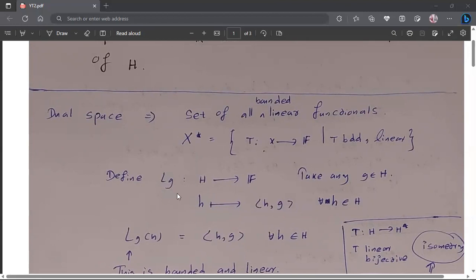So basically, all these functions L_g depend on the vector g we take in order to calculate the function.